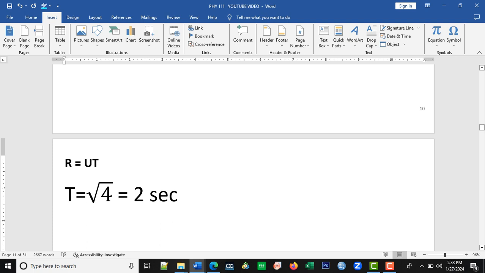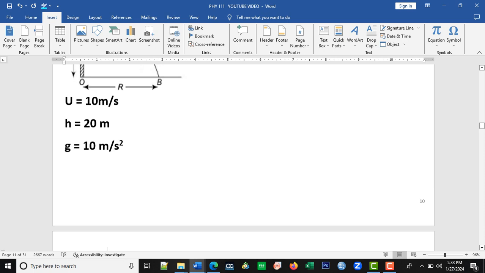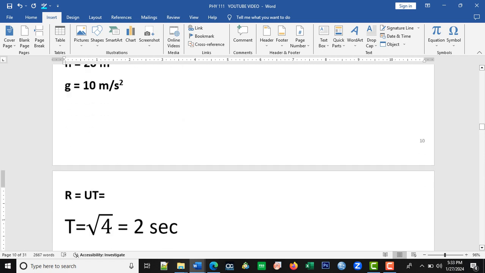So we now come to the R here. We had u to be 10 meters per second, times 2, which is the time of flight.